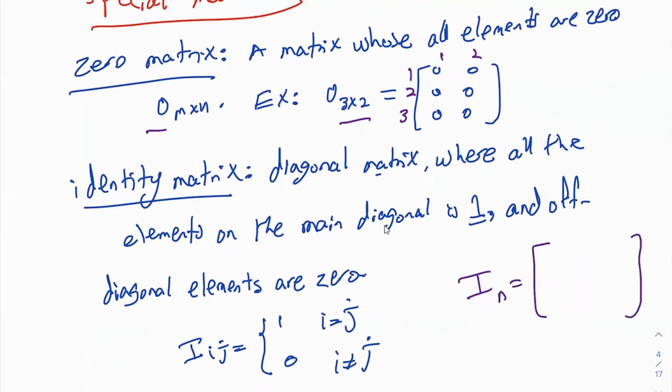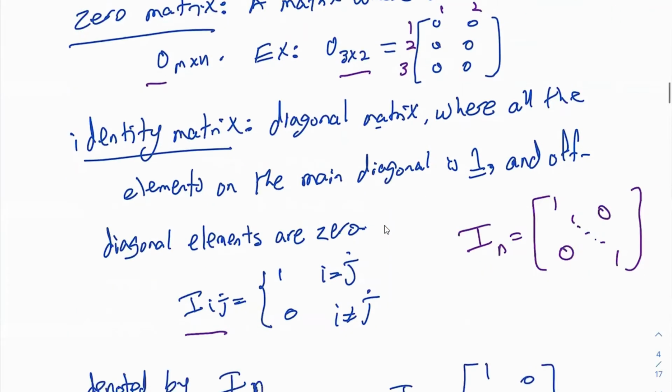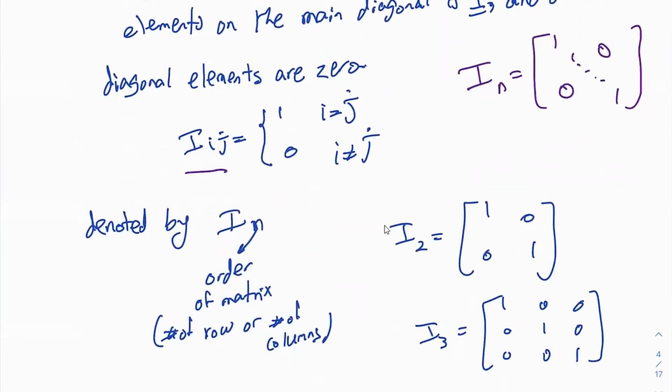So I have a definition of the identity matrix here. If i equals j, meaning we are on the main diagonal, we get 1. When i is not equal to j, we get 0. Now here, as I said, we denote it by I n, where n is the order of the matrix, the number of rows or number of columns.